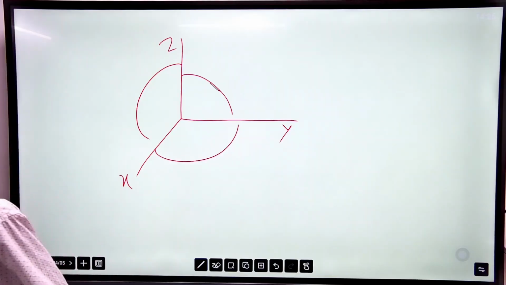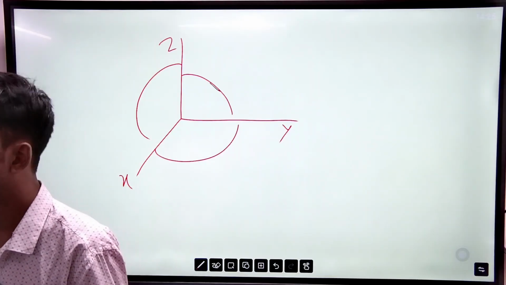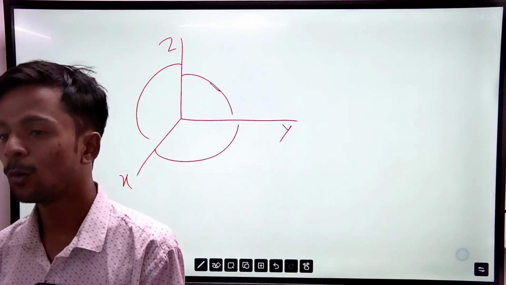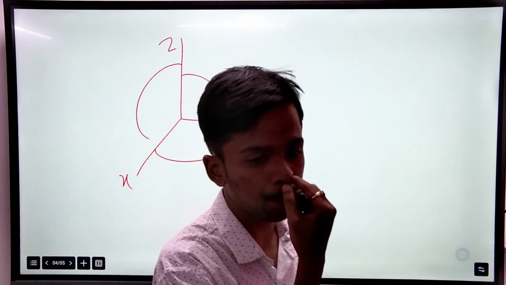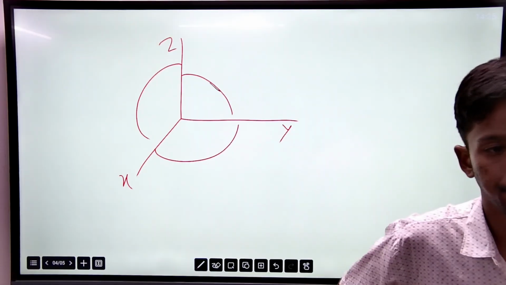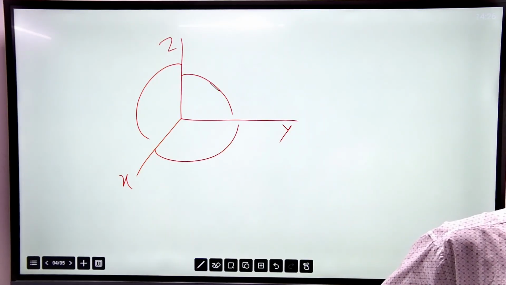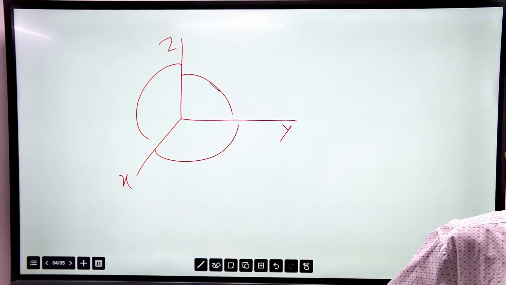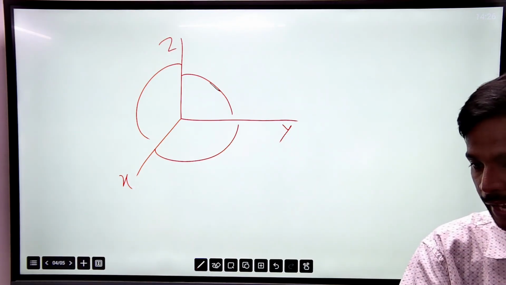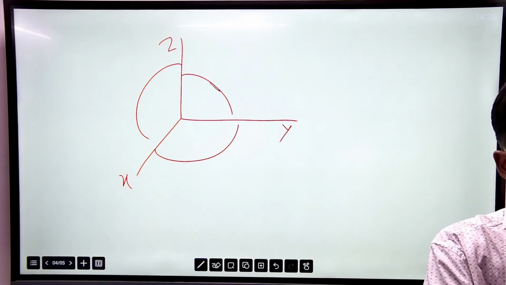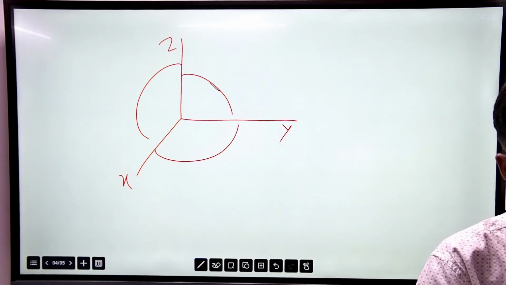Now write, after that, the coordinate for a point lying on the xy plane. As soon as I mention the plane, I am basically talking about two axes, x and y.